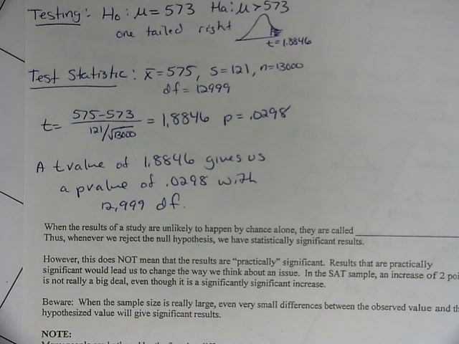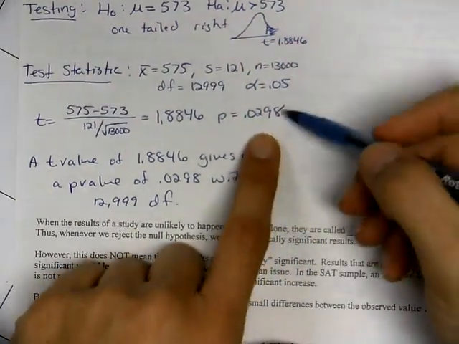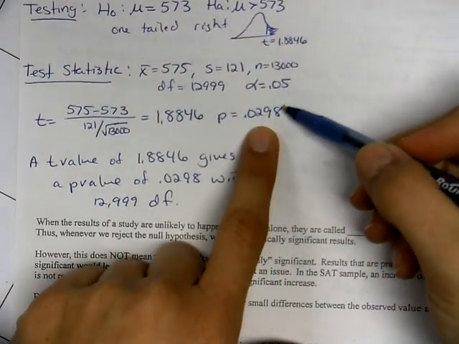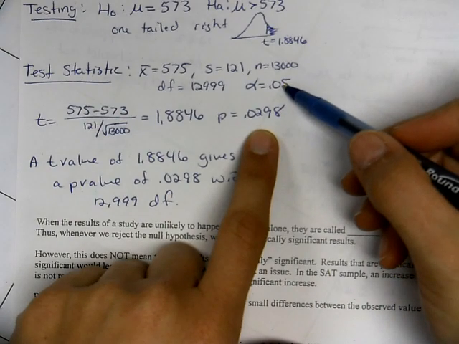Not really, right? Like, saying that SAT results have increased when they haven't, or saying they haven't increased when they have. So, I'm going to stick with alpha of 0.05. I'm going to go down the middle. Since neither is worse. So, if alpha is 0.05, we're going to reject because the p is lower than our alpha.